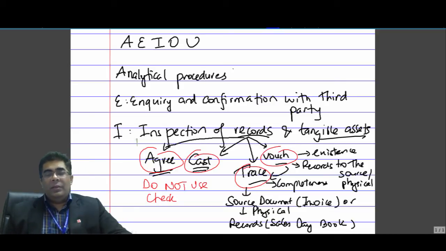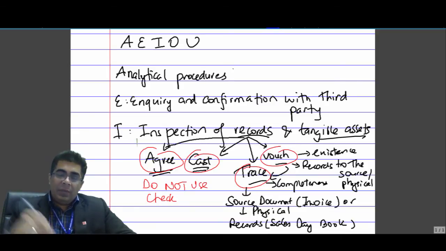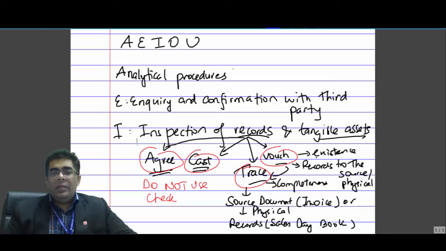Can you see that? Trace is for completeness. Trace it forward, and that's for completeness. Vouch is to vouch it back, to see whether this figure that is in front of you really exists. Is it really accurate? Is it as per the source document? That is vouch.